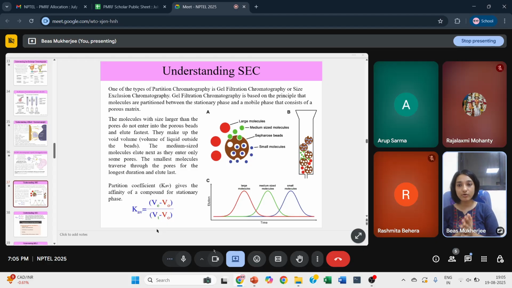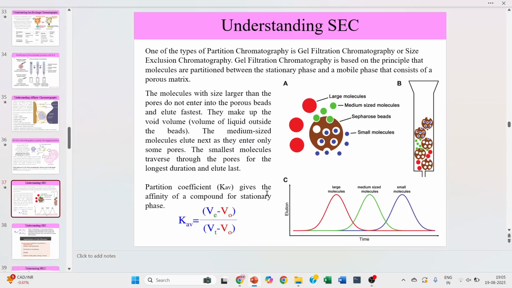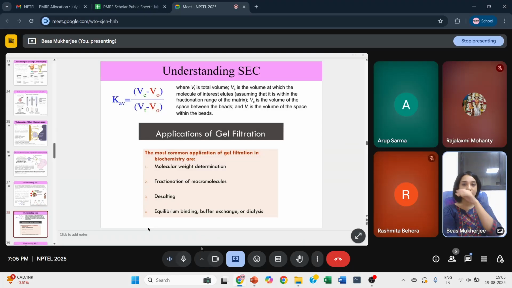So this is the formula, and all the different terms are explained in the next slide. Vt is the total volume, and Ve is the elution volume, that is the volume at which the molecule of interest elutes. Volume means you are constantly passing in buffer, right?